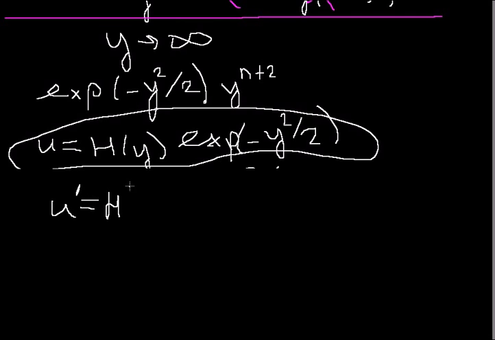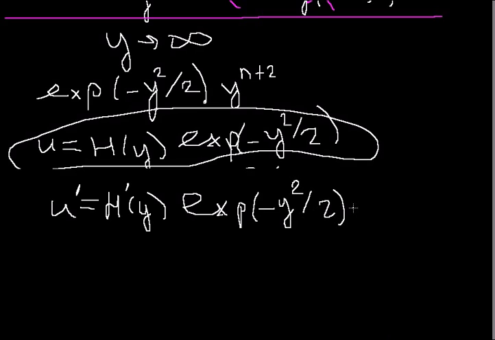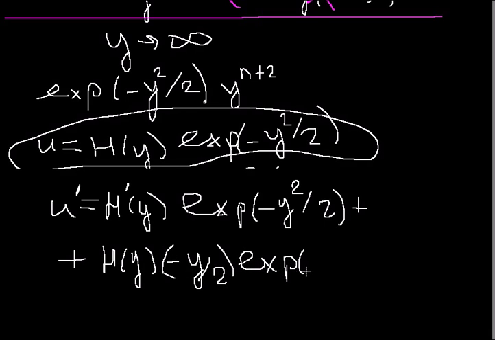First derivative equals the derivative from the first unit here, h from y, exponent power minus y squared divided by 2, plus h of y and the derivative from the exponent, minus y divided by 2, exponent minus y squared divided by 2.